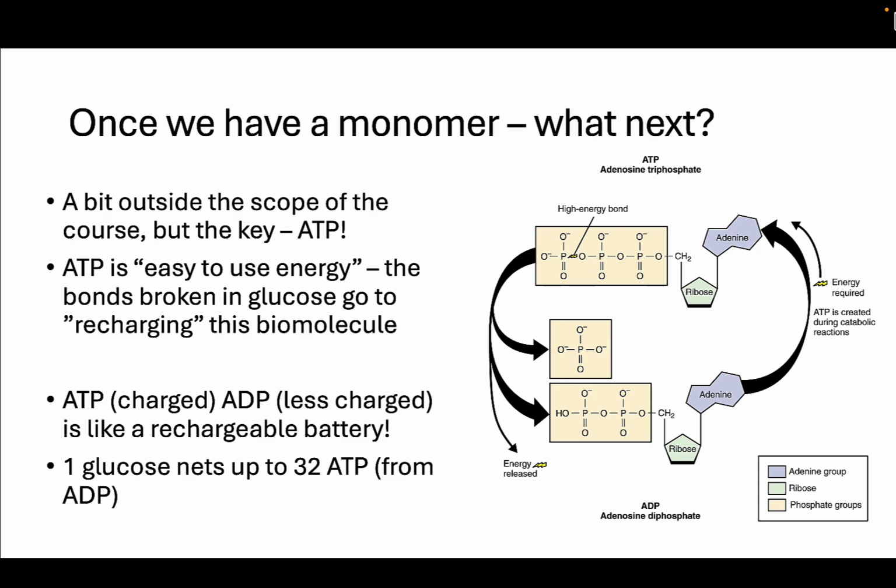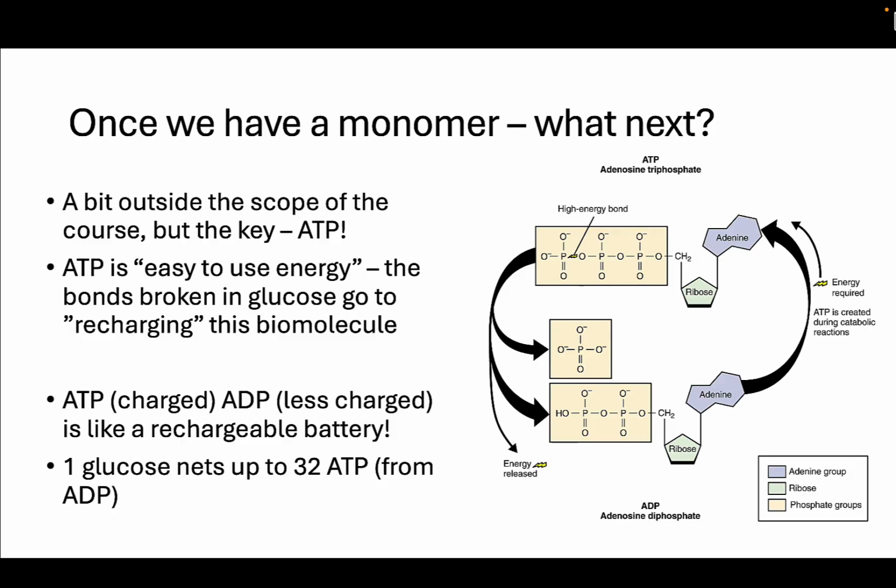To release a little bit of energy out of it, we lose one of those phosphates and create ADP, diphosphate. There's 1 phosphate all alone, and the ADP molecule has 2 phosphates left over. This gives up energy. I would think of ATP as the charged-up version and ADP as the discharged version, and ATP is the molecule that gives energy to reactions that need it.